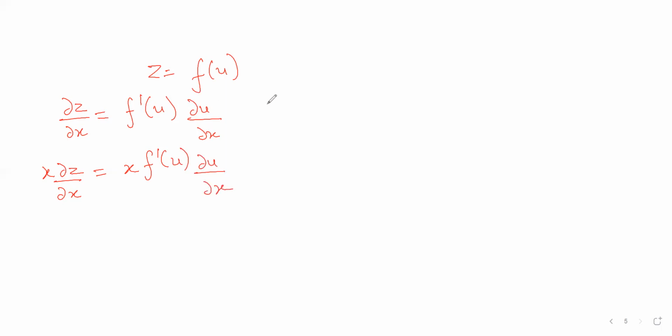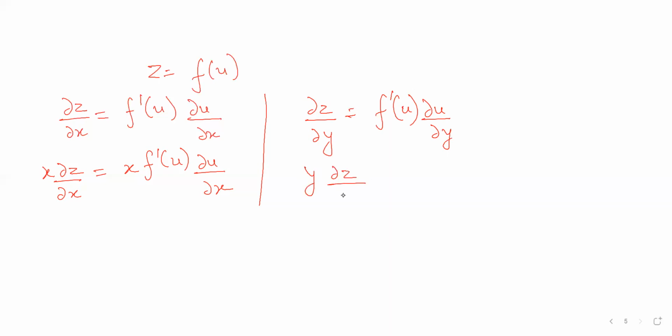Similarly, we find del z by del y is equals to f dash u del u by del y, and here we multiply with y, so y del z by del y is equals to y f dash u del u by del y.